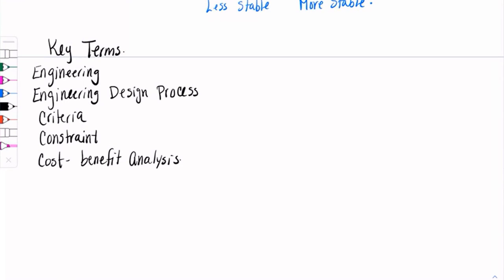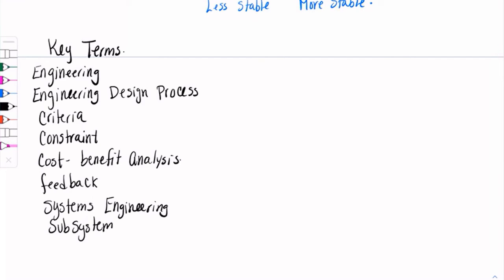And then feedback, positive and negative feedback loops, systems engineering, and subsystems. Okay, so make sure you familiarize yourself with all of those key terms.